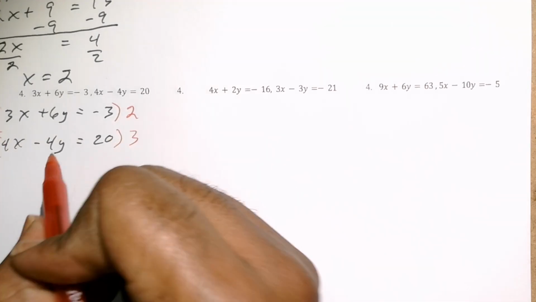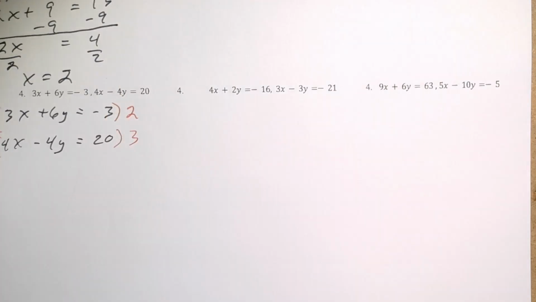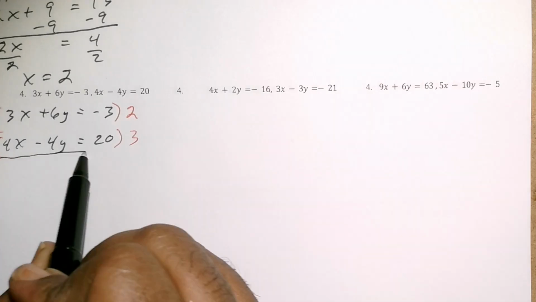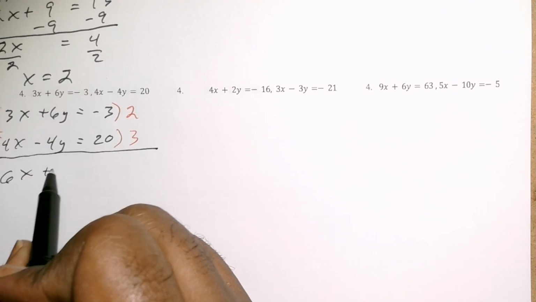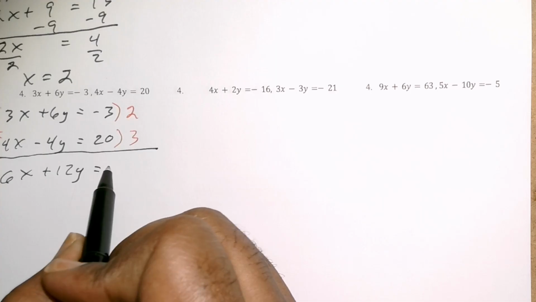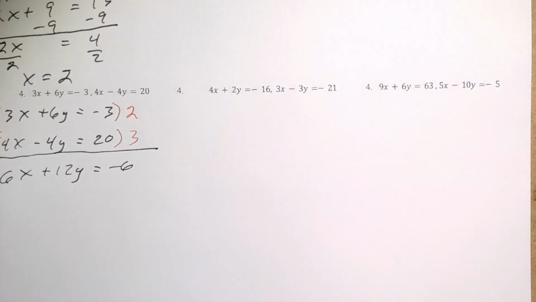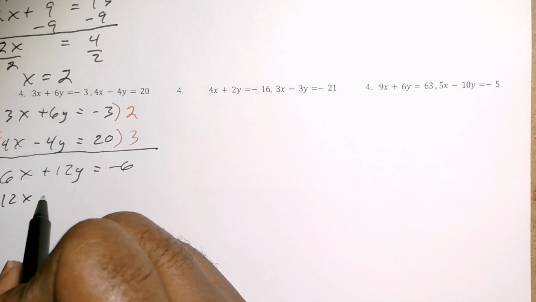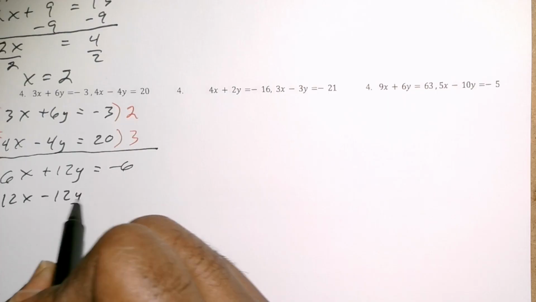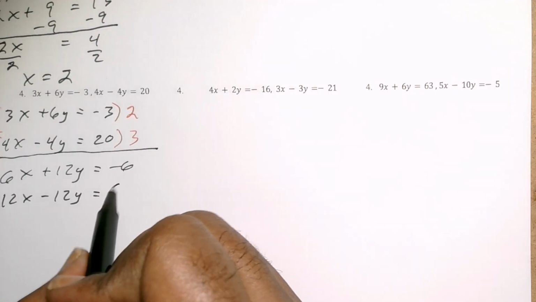That'll create a negative 12. So let's multiply everything and see what we get. We get 6x plus 12y equals negative 6. The second one, we get 12x, negative 12y, and a positive 60.